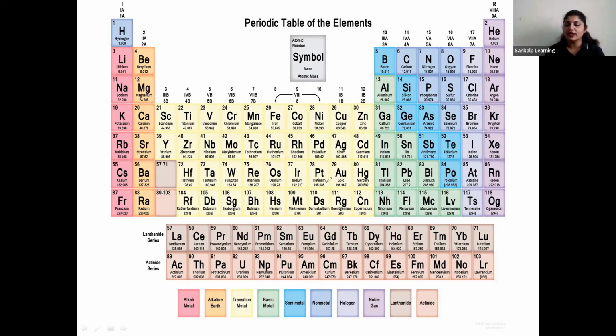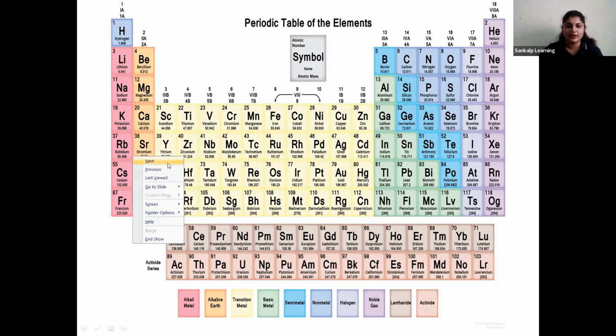Metals are good conductors of heat and electricity; non-metals are bad conductors of heat and electricity. Metals show the property of malleability and ductility; non-metals don't. Metals are sonorous, which means they produce sound. Non-metals are not sonorous; they do not produce sound.